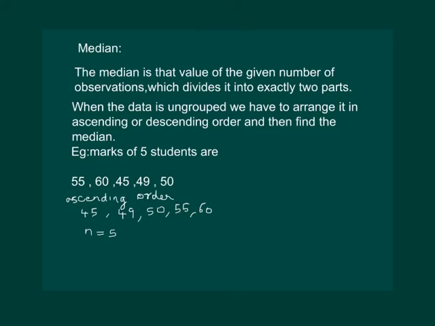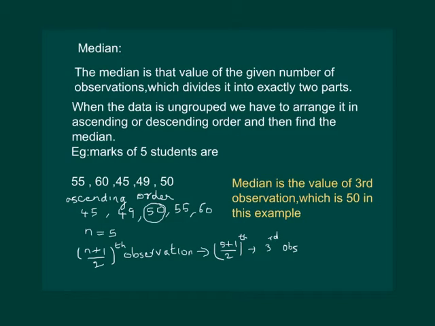Then to find the median, we have to find the mid value, which will be the value of the (n plus 1) by 2th observation, which is the same as the (5 plus 1) by 2th observation, that is the third observation. Let us count and see the third observation: first observation, second observation, third observation. So our median is 50.